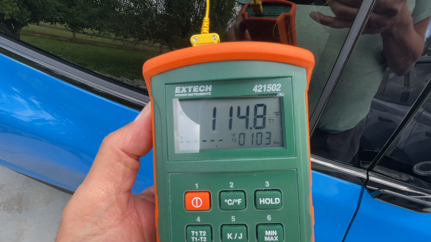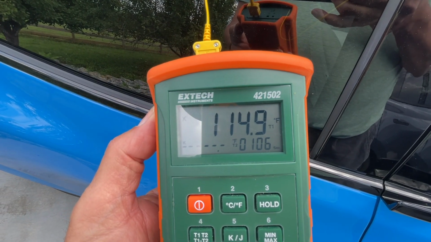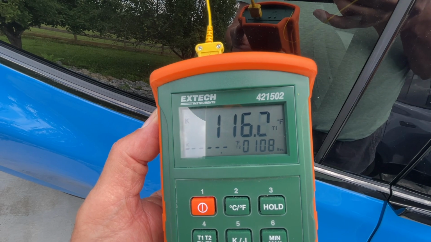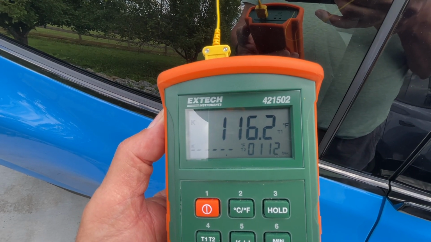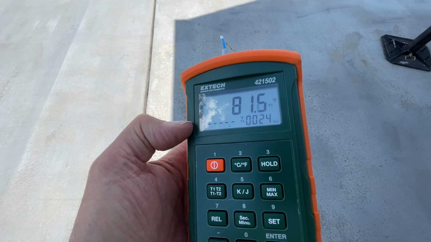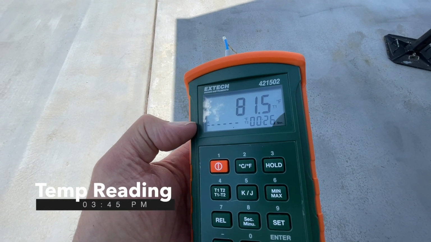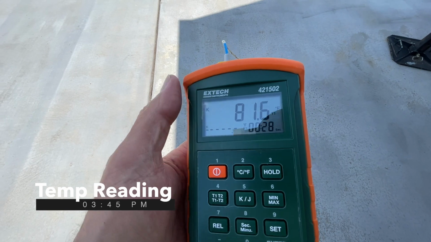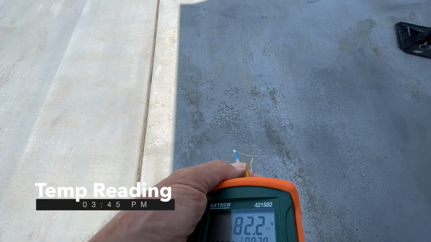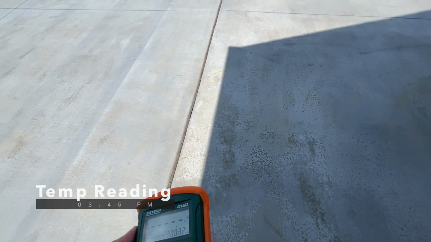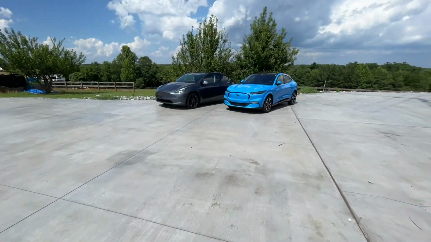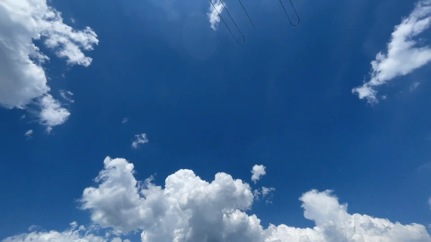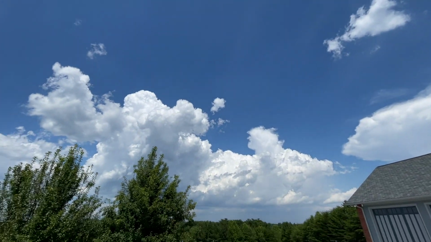We'll take a look at the Mach E. 116.2. It's now 81.5 here in the shade, air temperature. Humidity is now about 60%. And the sun is back out. Puffy white clouds, blue.